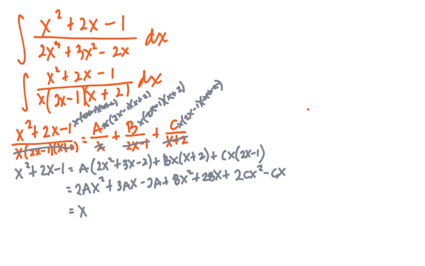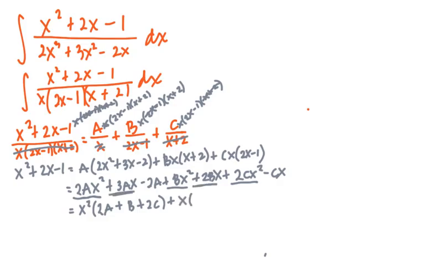Oh, we need to rearrange. So here I have x squareds. When you've done a ton of these, you might not need this step, where you write them in order. I'm going to skip that step. So I have an x squared, and I'm going to have 2a plus b plus 2c. And here we have an x.